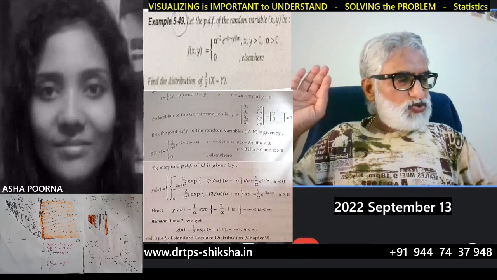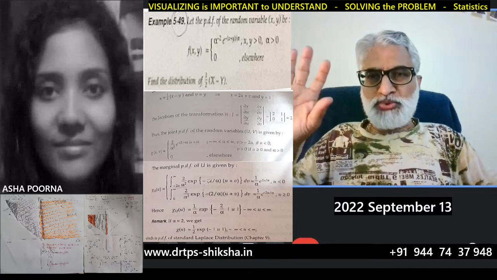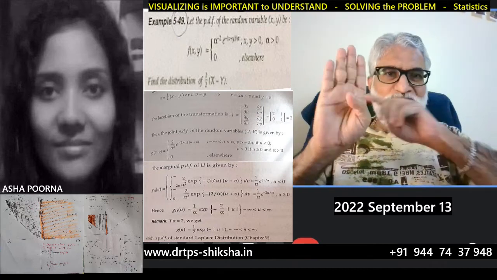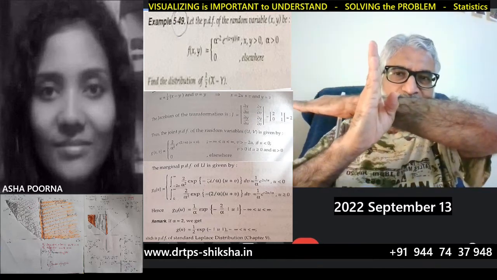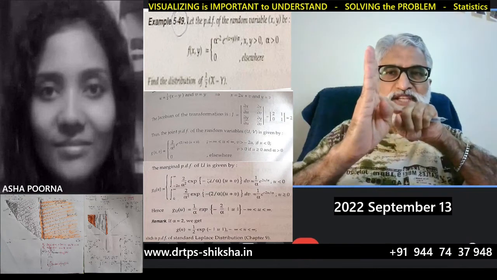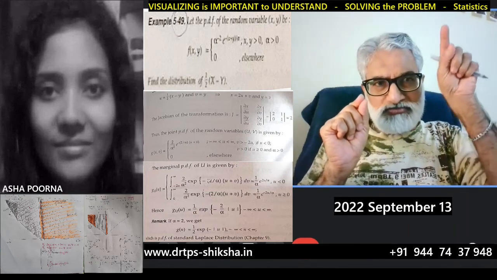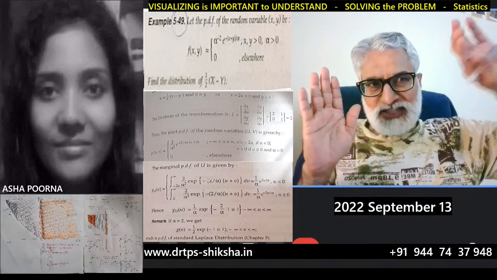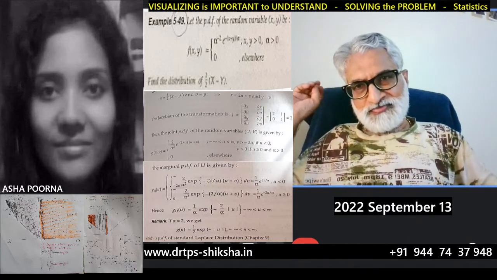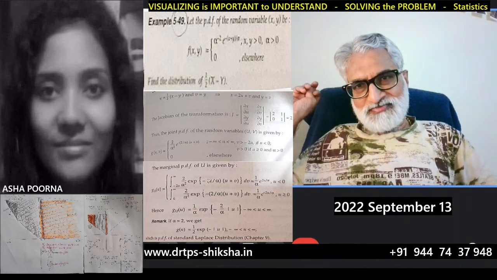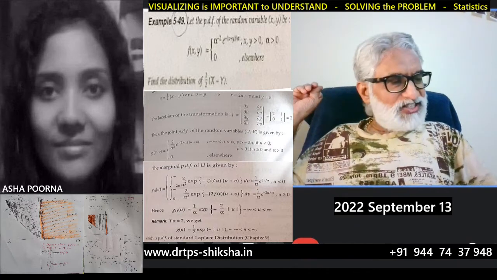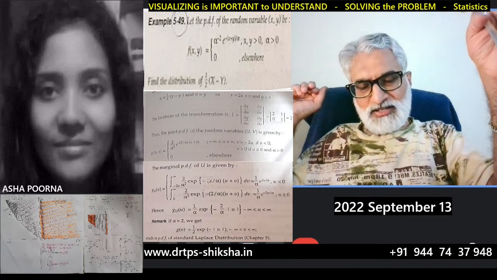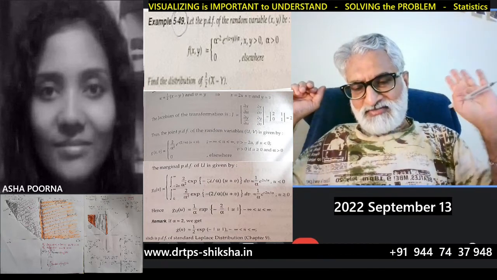So x is equal to 0 means what? V is equal to minus 2u. So what am I doing in the x and y axis? Instead of x is equal to 0, I am transferring that to minus 2u. Between this, I should not apply the limit, it should go above that. So I am changing the condition to a different coordinate system, it is somewhere else.